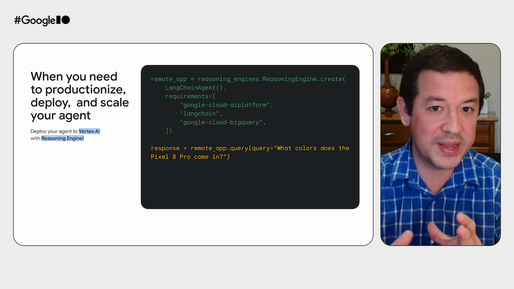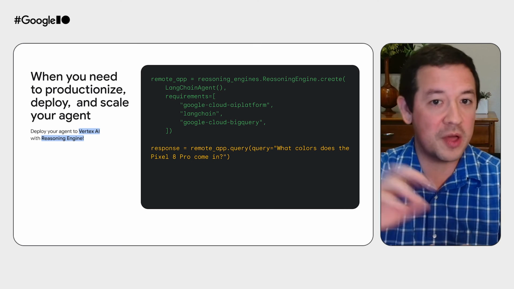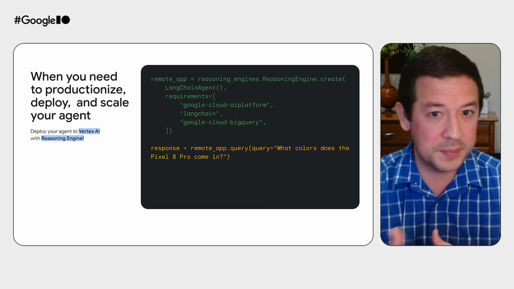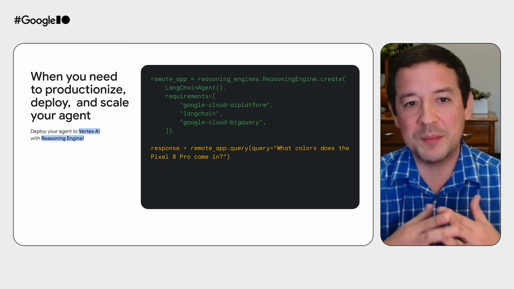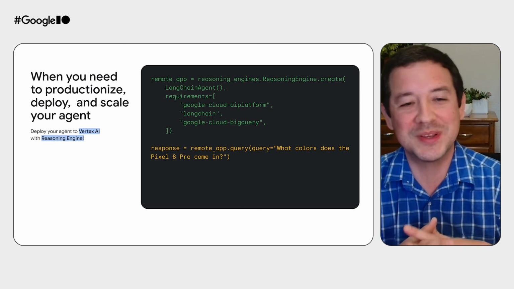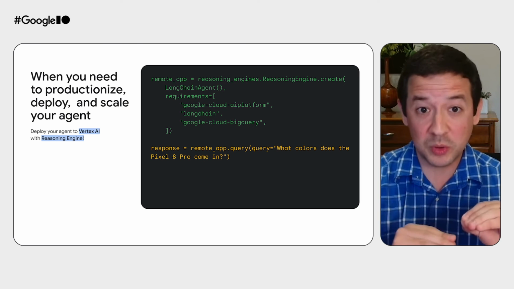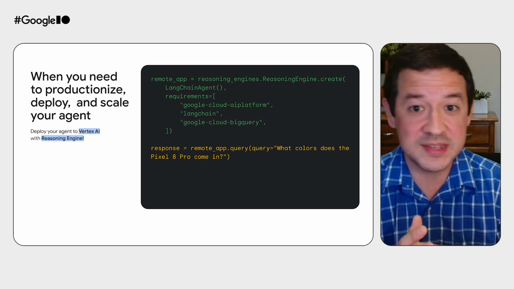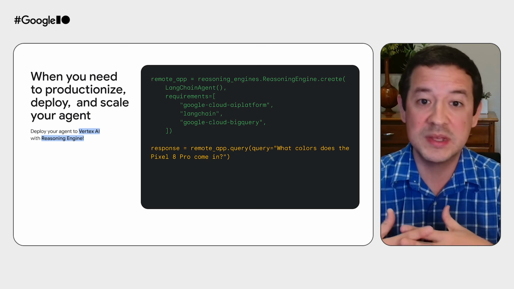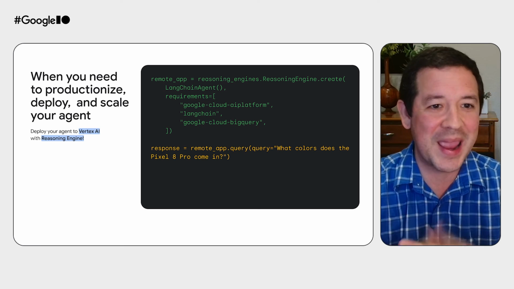It's a really nice way to encapsulate your agent for other developers and other departments to build on top of your agent capabilities without them having to worry about managing prompts or chat history or orchestration frameworks. In fact, you can deploy and query a reasoning engine in Vertex AI using any of the available client libraries like Python, C#, Java, Go, and Node.js.